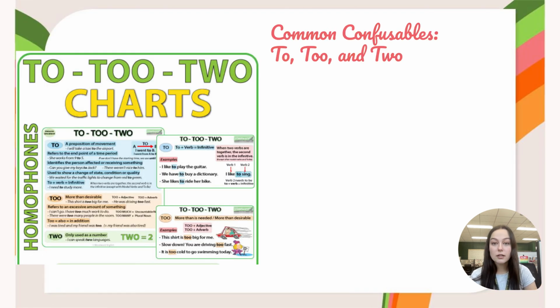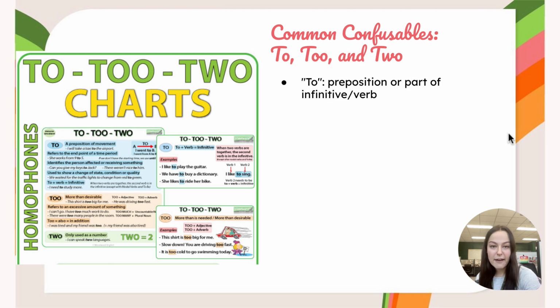So, we're going to start off with diving into to and too. I think a lot of students have probably mastered the two with the W, and that's the number, but we're going to go ahead and start with the simple TO. Okay, so to is a preposition, meaning that it's used in a sentence to show a relationship between a noun or a pronoun and some other part of the sentence.